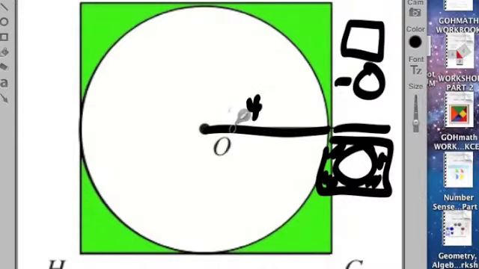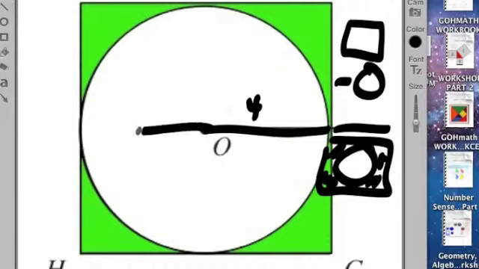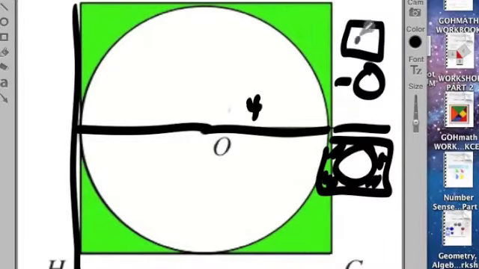So this is 4 and this is 4, so this would have a combined area, 4 times 4 is 16, because we're doing length times width for the rectangle. And my circle, well, that's pi r squared, so wouldn't that be pi times the radius squared?